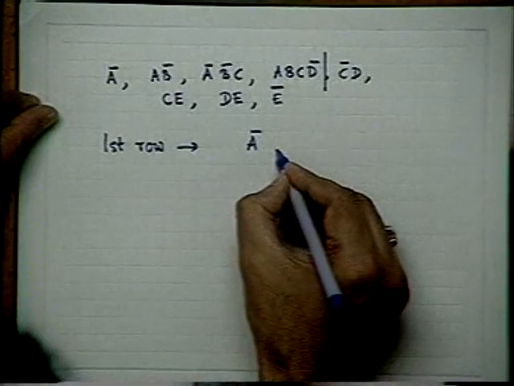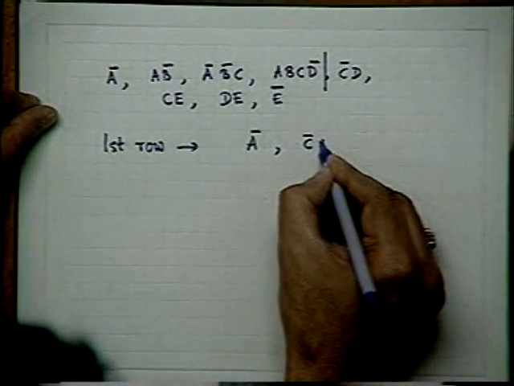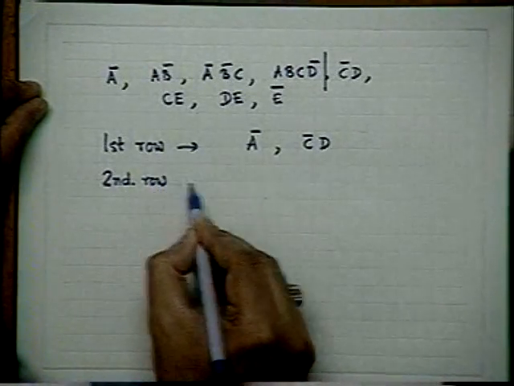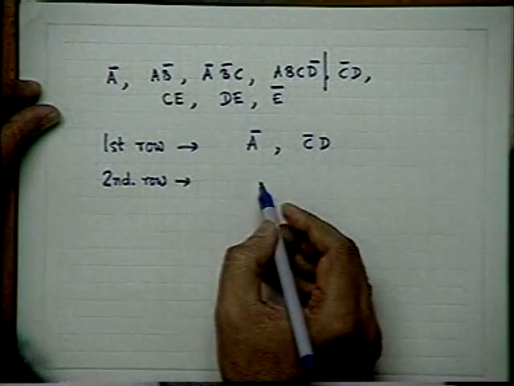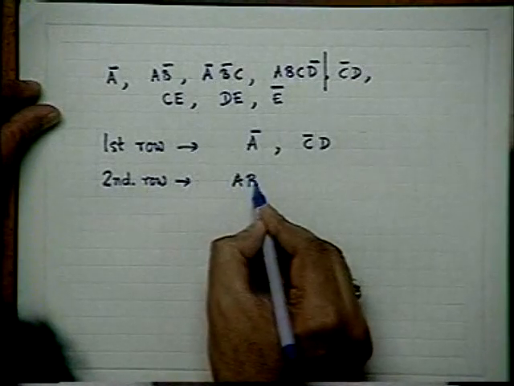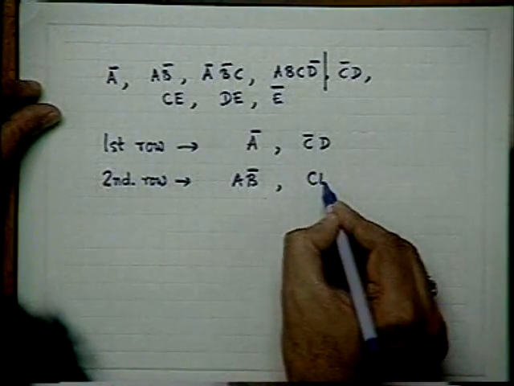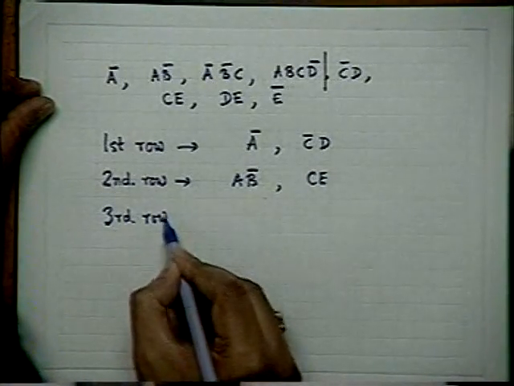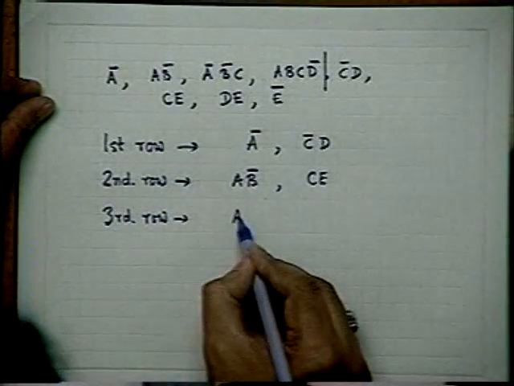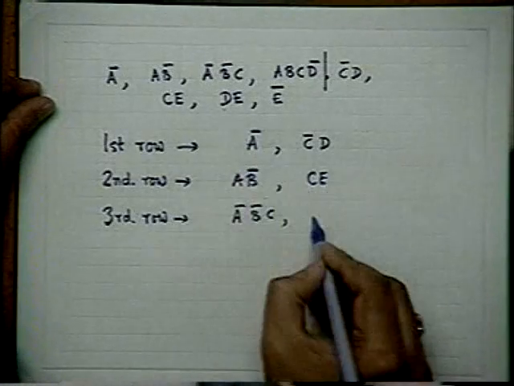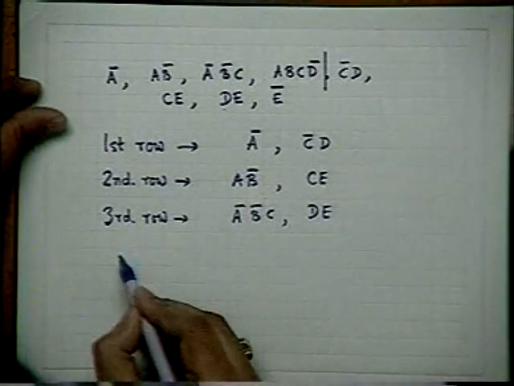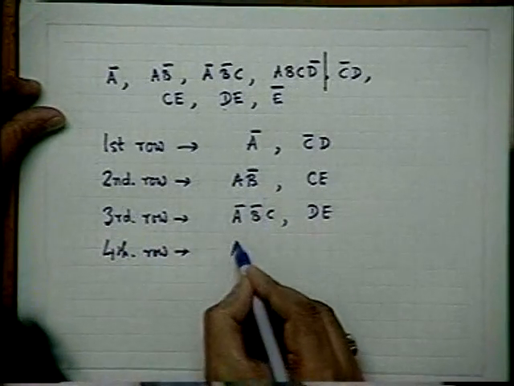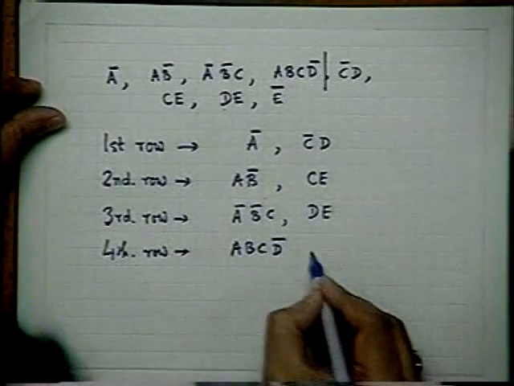So A bar and C bar D. Second row, A, B bar and C. Third row is A bar, B bar, C and D. And the fourth row is A, B, C, D bar and E bar.